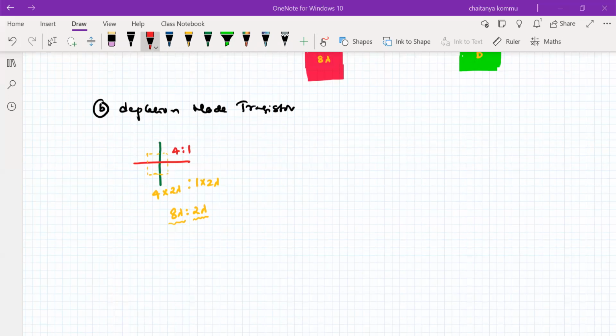I think better, so what I can do is that diffusion we have to increase and polysilicon must be 8 lambda. Okay, something like this I'll do it here.